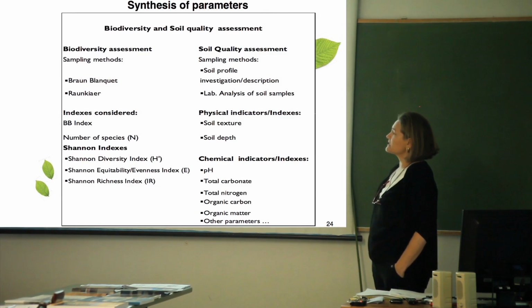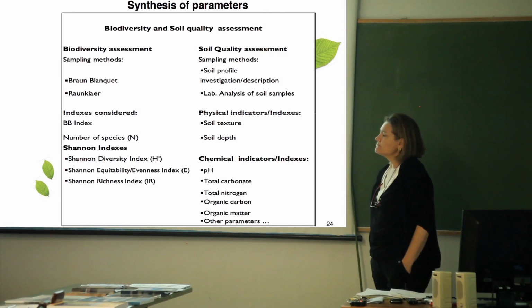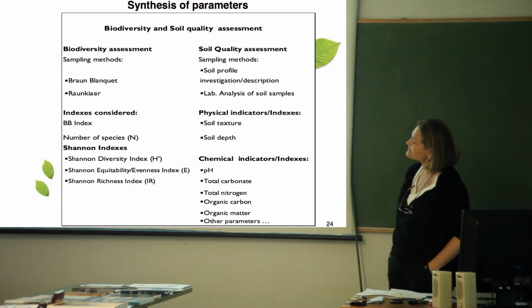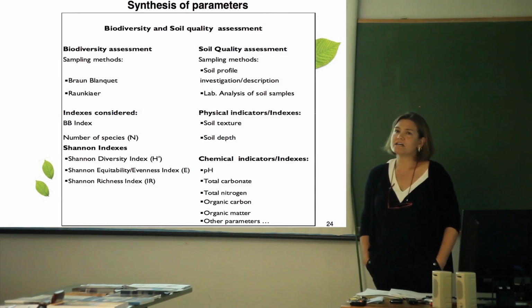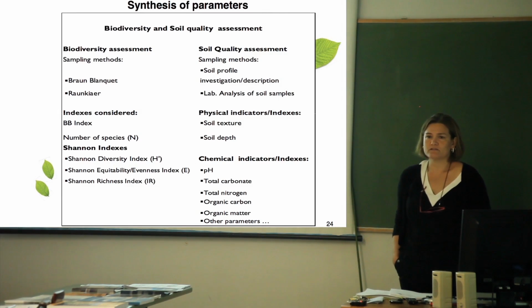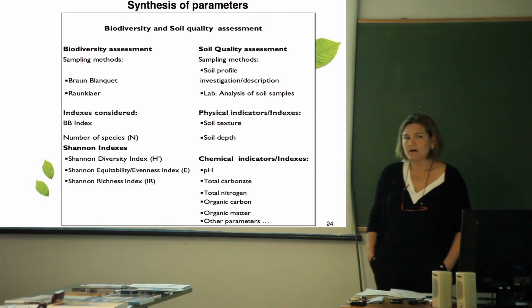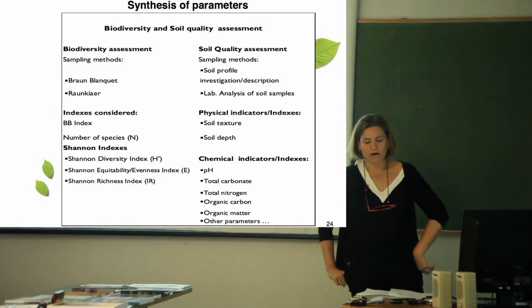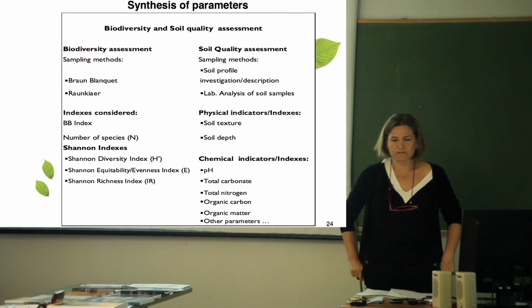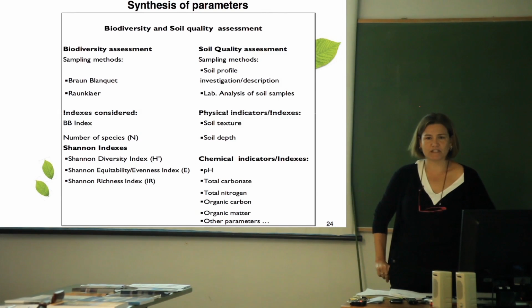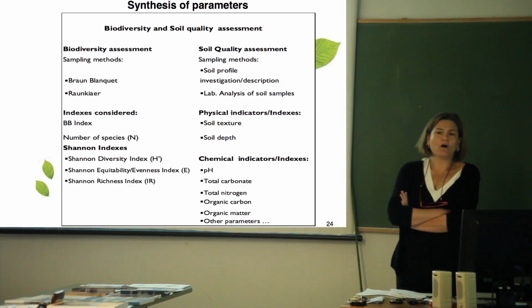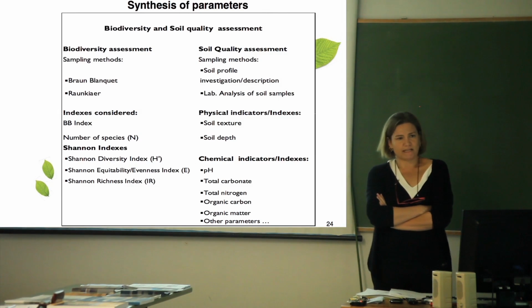The main aspects of plant biodiversity that are taken into consideration by the Shannon indexes are the main properties of biodiversity, that is the richness and the abundance of species. This is because measuring biodiversity is just an approximation of what we want to understand, because biodiversity means the correlation of all the living communities in a place.